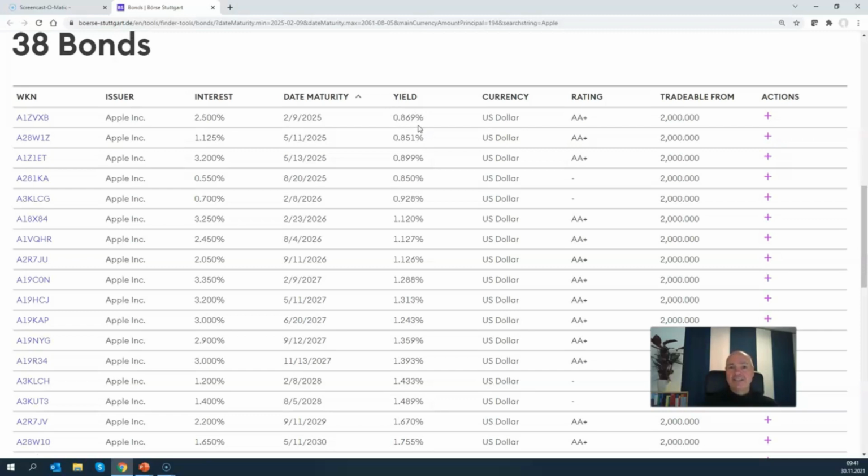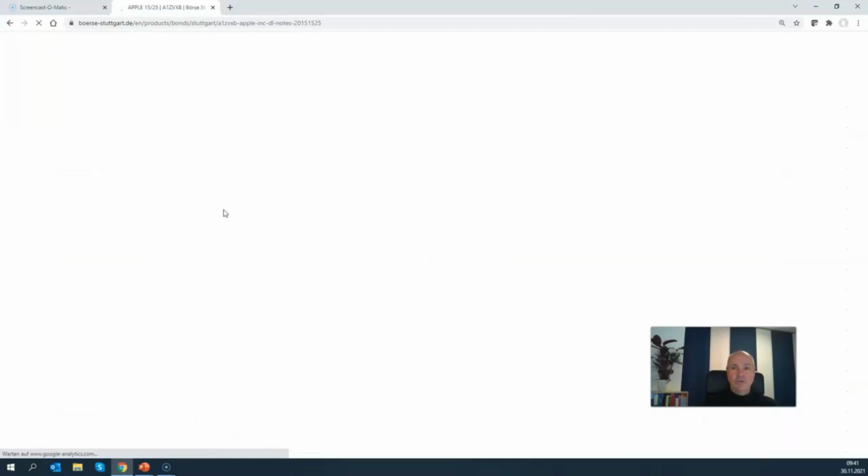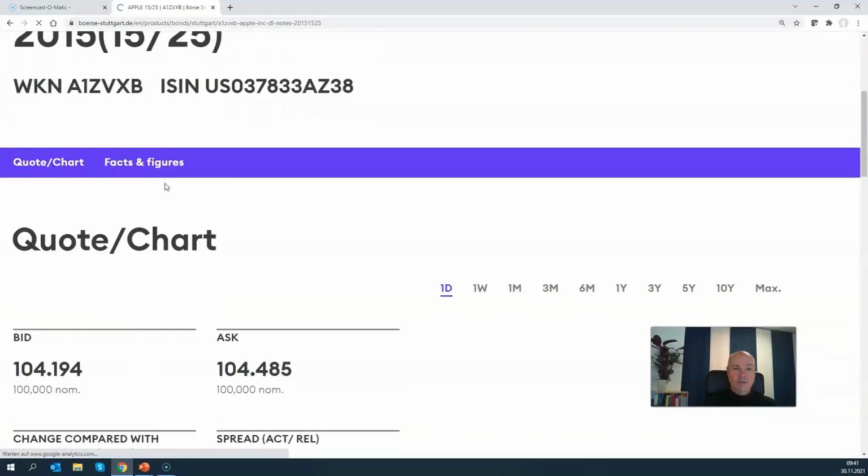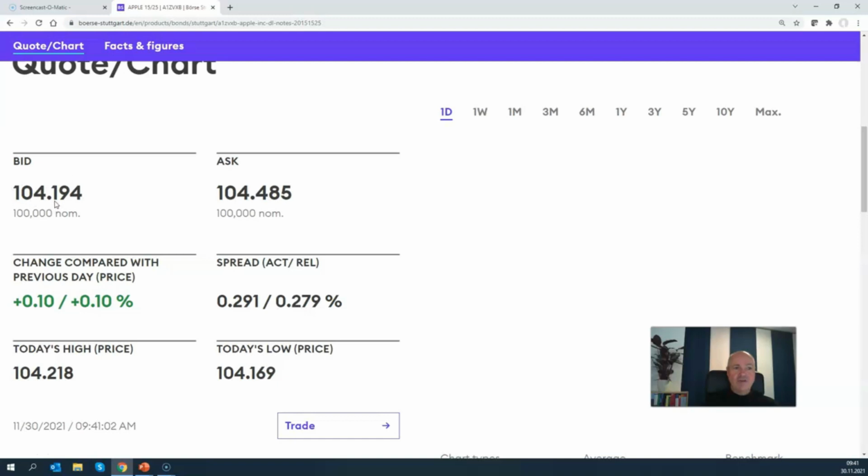We see that the current yield is lower than the coupon rate, and for that, we can say that this bond is trading above 100 or above 1000. So it must be a premium bond. When we look into the details of these bonds, we can confirm that. We see that the bond is traded between 100.19 and 102.49, which is basically the proof that this bond is a premium bond.